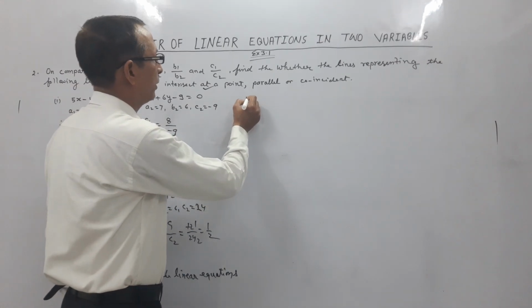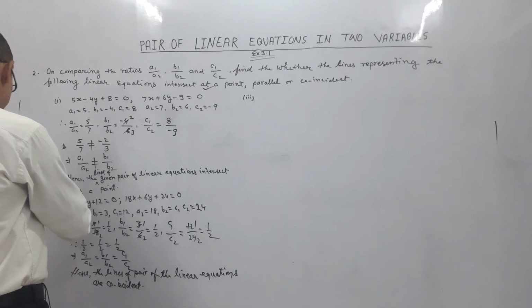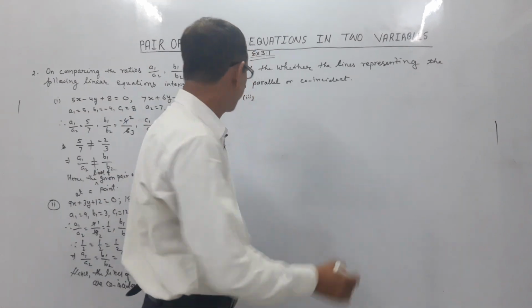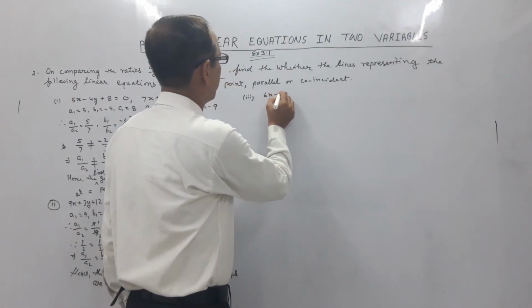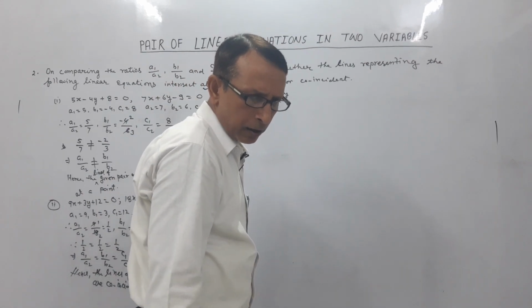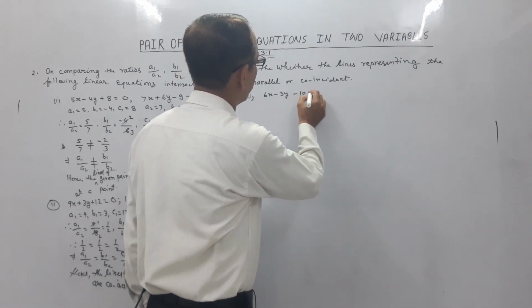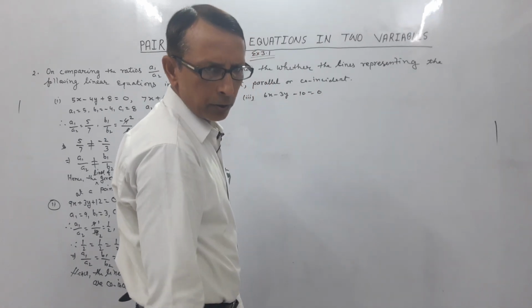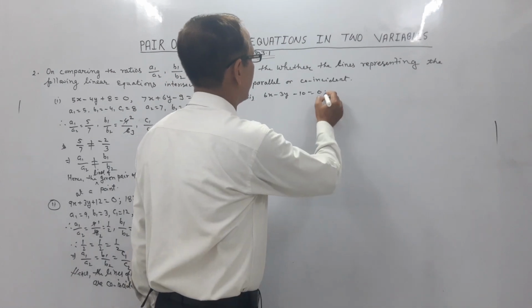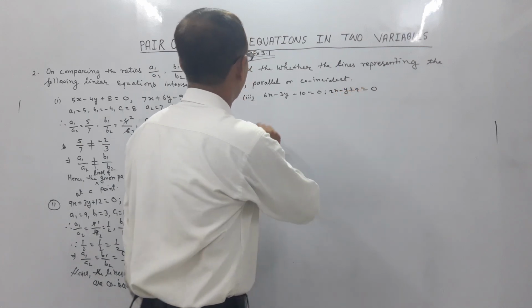Now see question number 3, what it tells. Question number 3, 6x minus 3y minus 10 equal to 0, and 2x minus y plus 9 equal to 0.